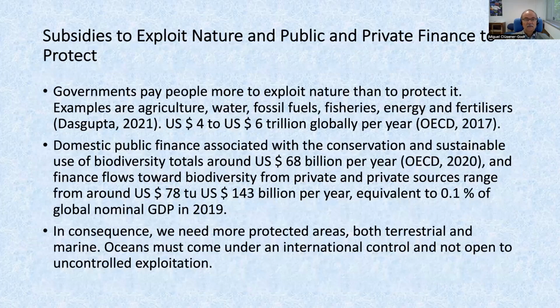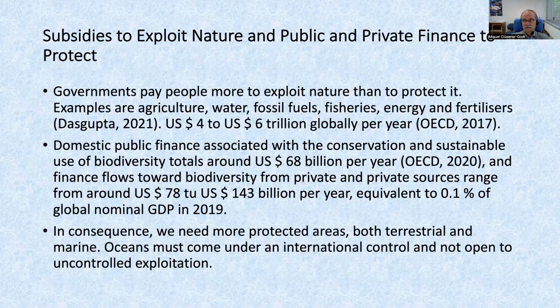Another point, subsidies to exploit nature and public and private finance to do the contrary, to protect. Governments still today pay people to exploit nature rather than to protect it. For example, subsidies for agriculture, water, fossil fuels, fisheries, energies, fertilizers. $4 to $6 trillion per year, apparently.